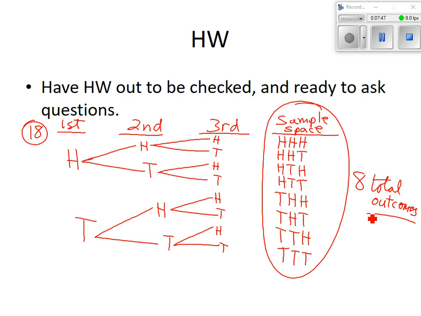Now, if you didn't do a tree diagram, you have to be really careful and make sure that you're listing everything. If you're saying, okay, I could get 3 heads, I could get a head and 2 tails, you're going to miss something.